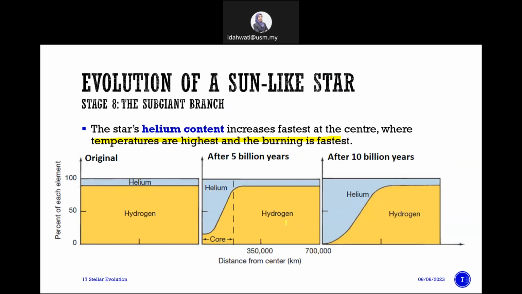And then after 10 billion years, helium will be more and more in content here, getting more than in the previous period of time, as we can see, but still hydrogen is dominant.